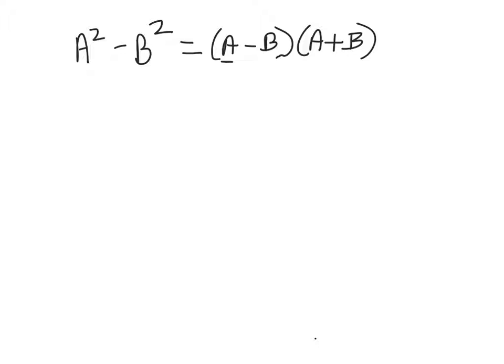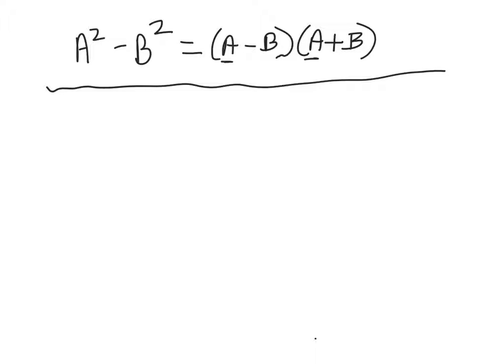The A and the A are what I multiply together to get the A squared. The B and the B are what I multiply together to get the B squared. Then I put a minus in one and a plus in the other. Okay?